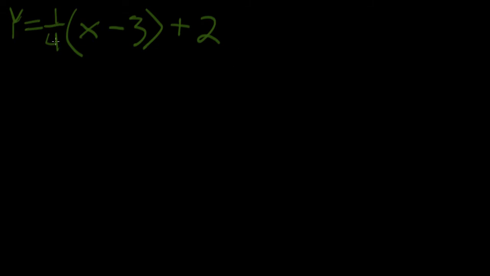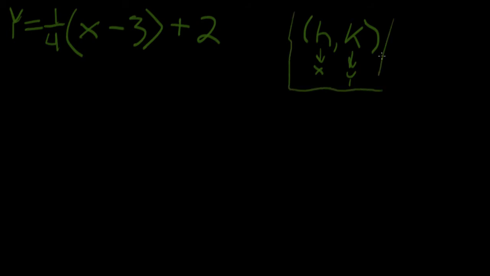What I wanted to show you in this one, the last of the basic parabolas, is the h comma k standard form, where h is linked to x and k is linked to y. And this is very common to see these letters in math texts, which is why I'm going to use them.